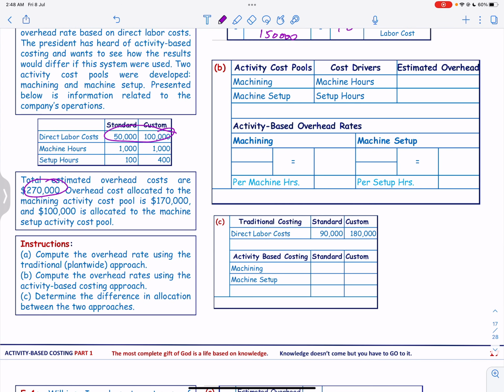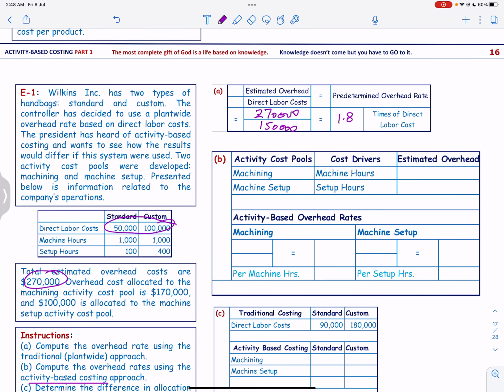Next, we have number B now. Compute the overhead rate using the activity based costing approach. So for activity based costing approach, we take the two activity cost pools and the cost drivers, and the estimated overhead was given to us as 170 and 100. And then we have to calculate the activity based overhead rate. For machining, we have estimated 170,000 divided by the machine hours, that is 2,000.